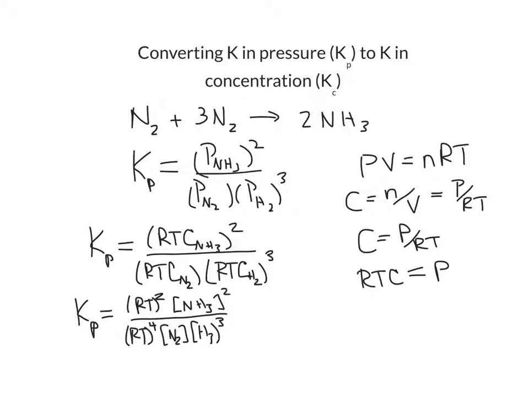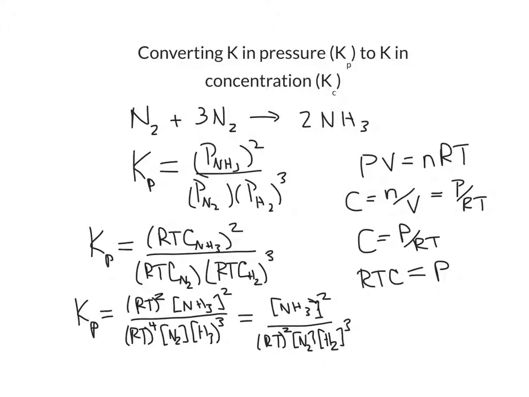So now if I look at this, I can see that 2 factors of RT on the top are going to divide out with 2 factors of RT on the bottom. And so I can write this as the concentration of ammonia squared divided by RT raised to the 2nd power times the concentration of nitrogen times the concentration of hydrogen cubed.